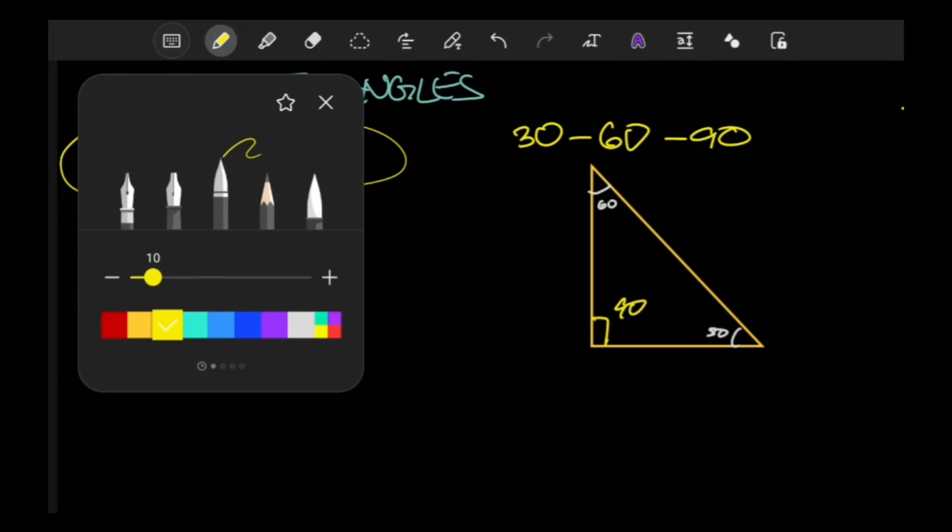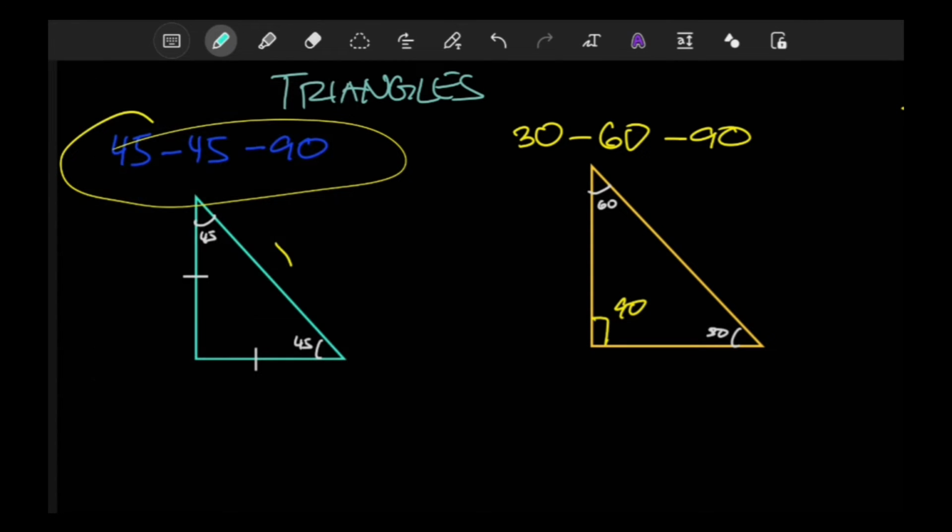Let's say we have this. Suppose there is a 45, 45, 90 triangle, whereas the side length is equal to 3 centimeters. So the problem is find the hypotenuse.